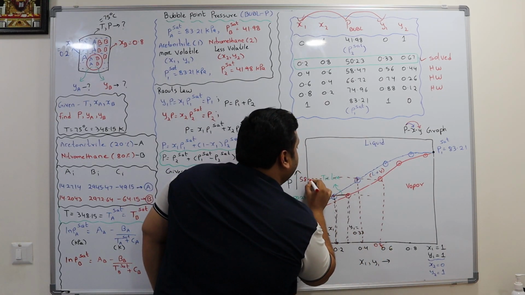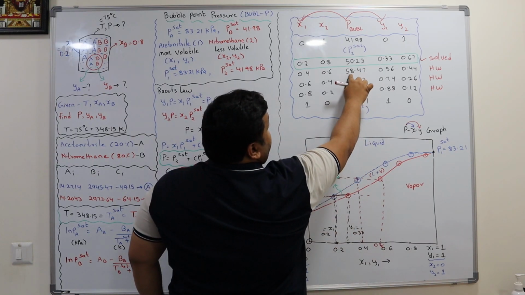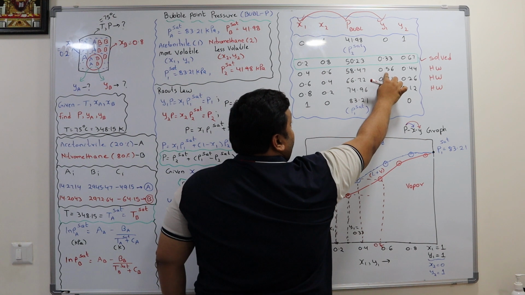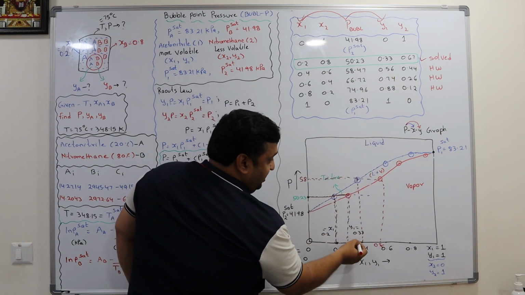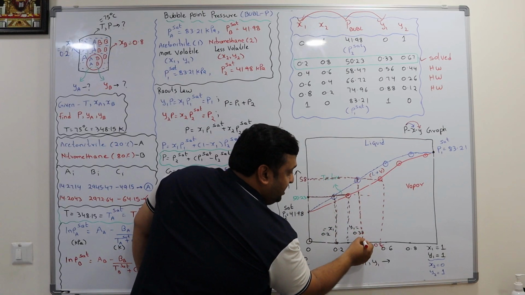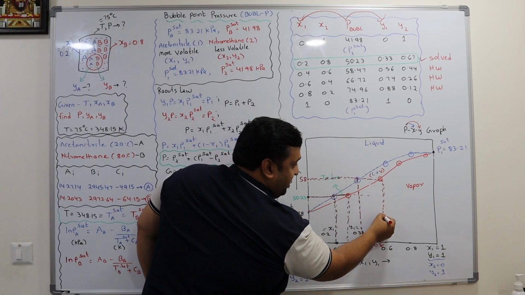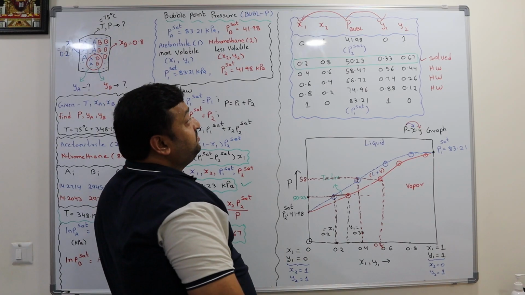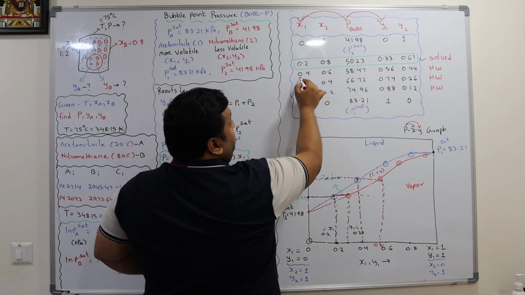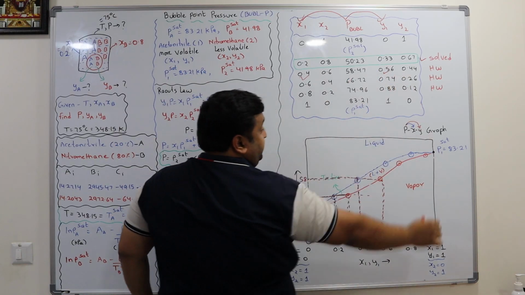That means at this 58 pressure, x1 will be 40%, y1 will be 0.56.